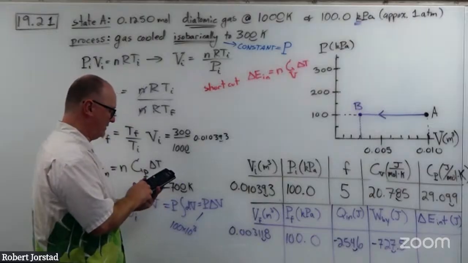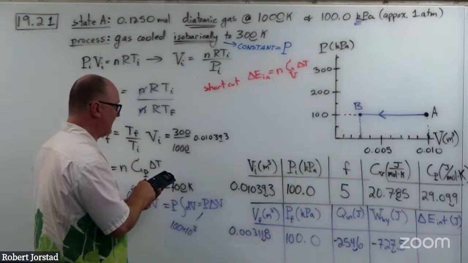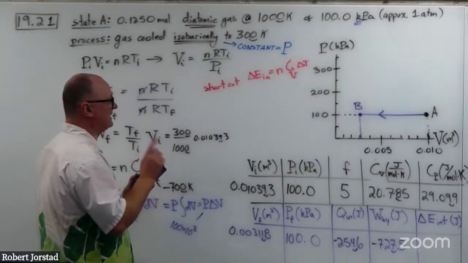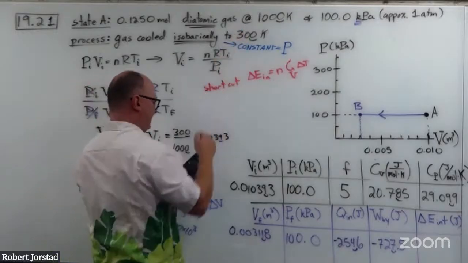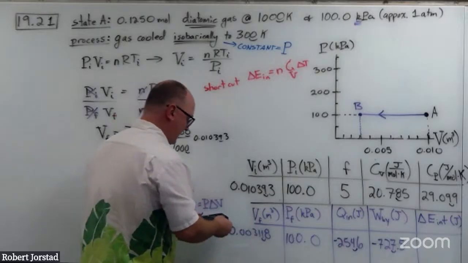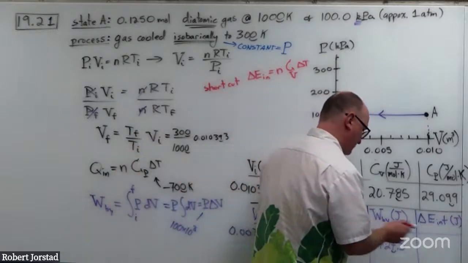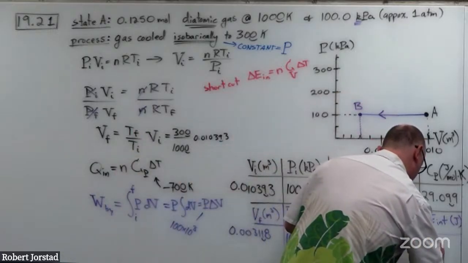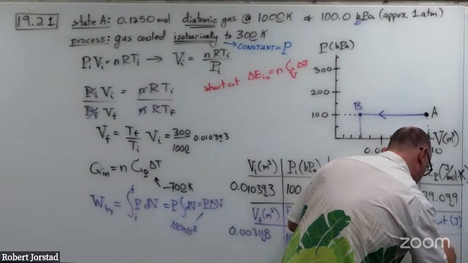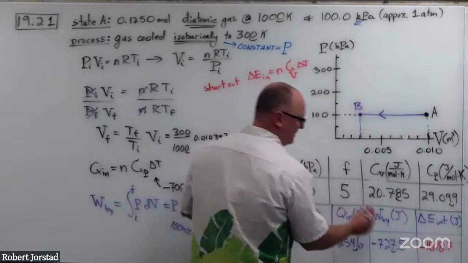So 0.125 times Cv, which is 20.785, times delta T. Delta T is negative 700. So I got negative 18.7. That probably sounds familiar. All right, and then just check it. This should be a 3 sig fig number.